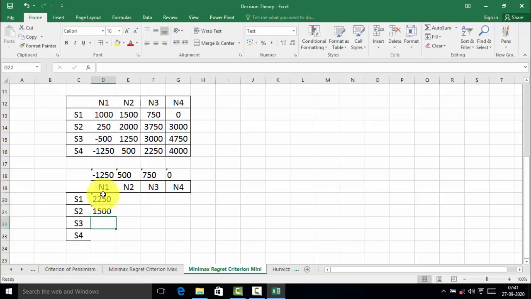Minus 500 minus minus 1250 is 750, and minus 1250 minus minus 1250 is 0.